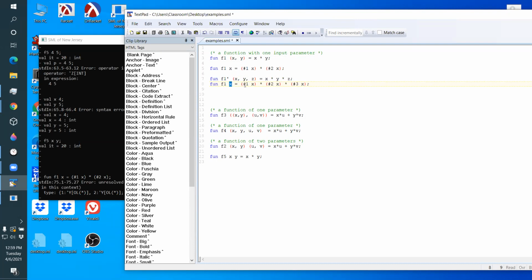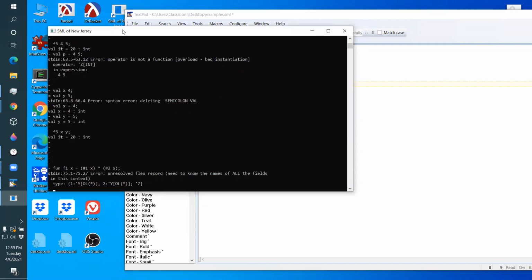So ML doesn't like this notation unless it knows ahead of time how big the thing is. Something has to tell ML that this is really a pair, and that this is really a triple.